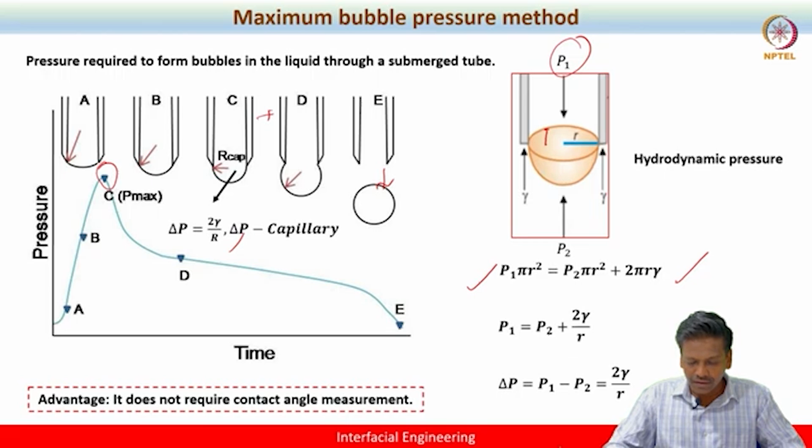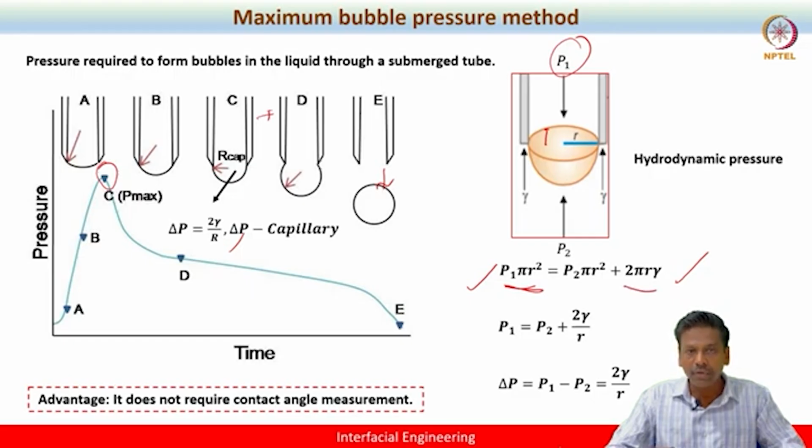In terms of an equation, it is P1 times pi r squared, because pressure acts on the top side and the area is pi r squared. On the other side, pressure acts from the bottom, which is P2 times pi r squared.